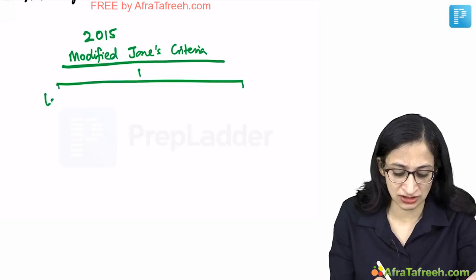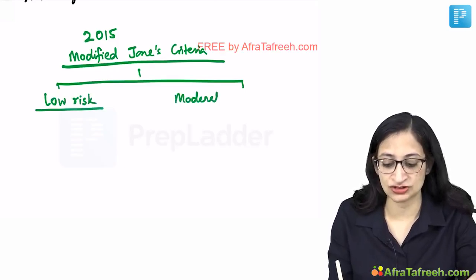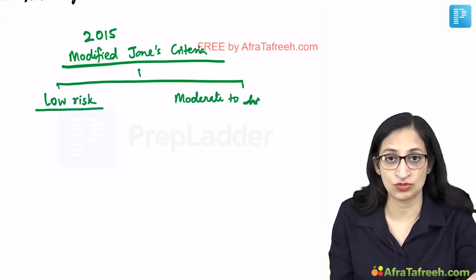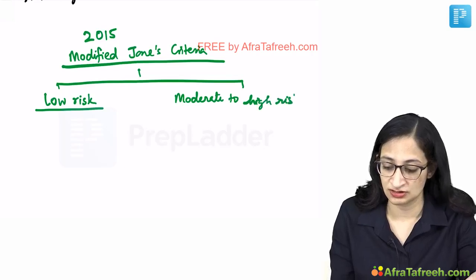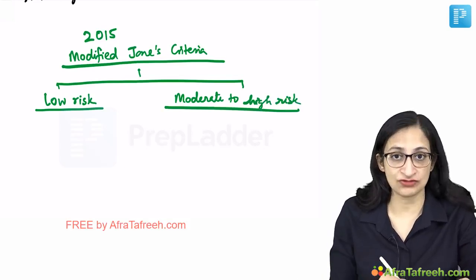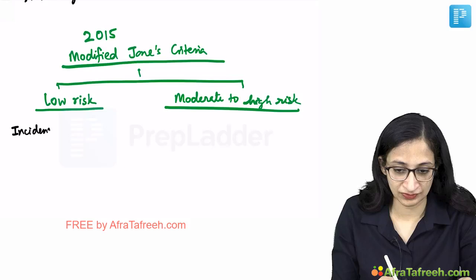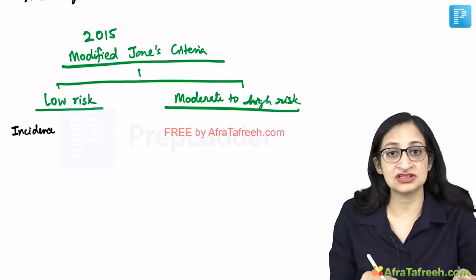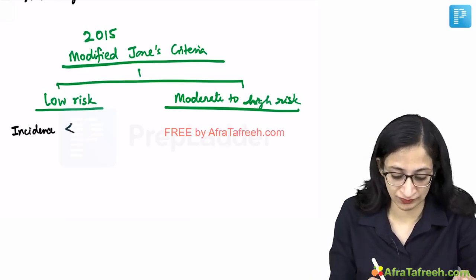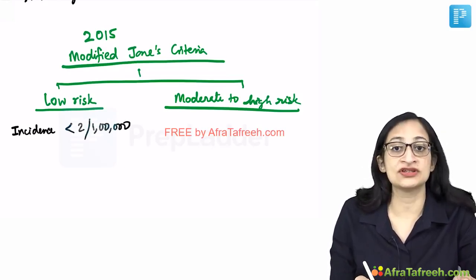So there is a low risk population and a moderate to high risk population. The low risk population has an incidence of rheumatic fever of less than 2 per 1 lakh school going children.